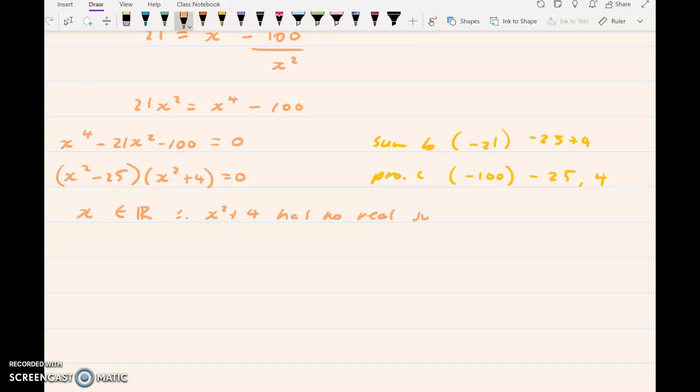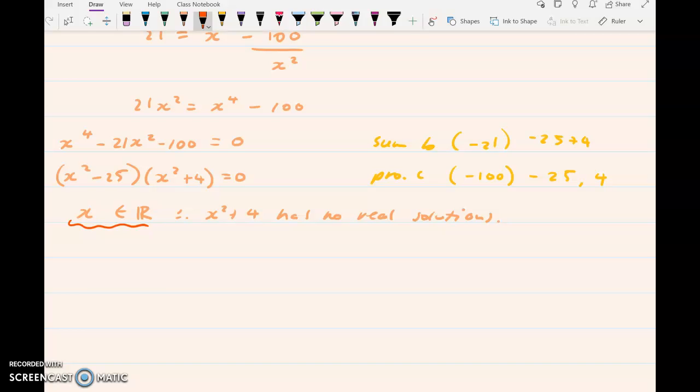You do need to state that. It's not a given that there's no solutions for x squared plus 4 equals 0. Of course, I can see it's going to equal x squared equals minus 4, and then I'm going to yield an imaginary or a complex solution. But we know that I've equated real parts here, so x has to be real, and therefore I make that statement where I say x exists within the real domain.